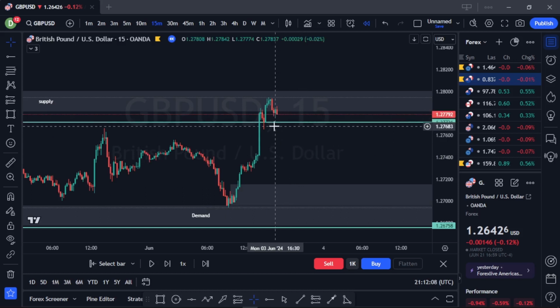So over here now, let's see what this market does from here. If this market breaks below this line I have here, I'm going to look for a sell opportunity.